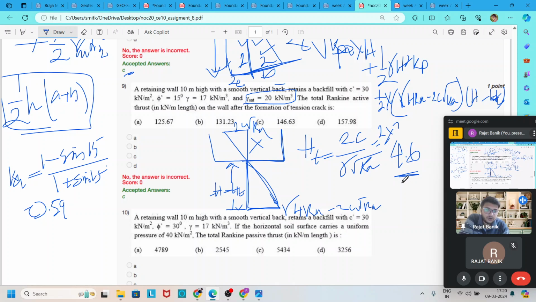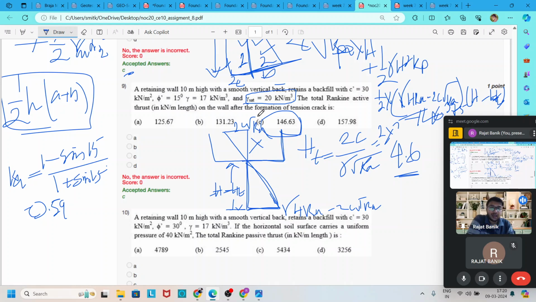and it is coming about 146.375. So the closest answer is option C, 146.63. So the correct option is option C. I think it is understood. It is said to find out the active thrust after formation of the tension crack.